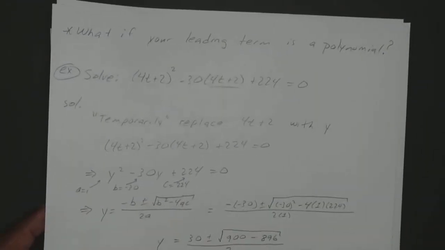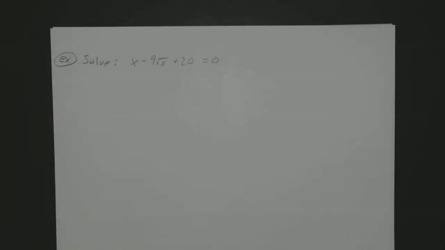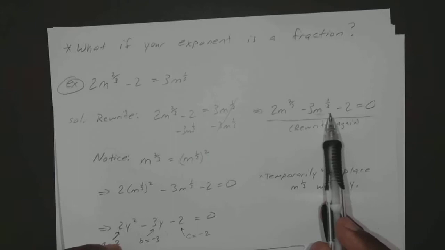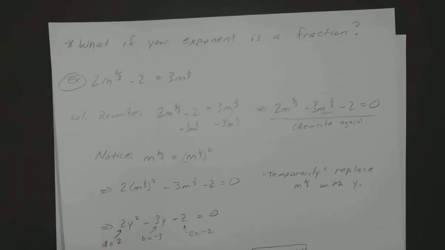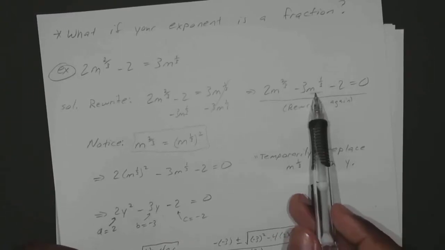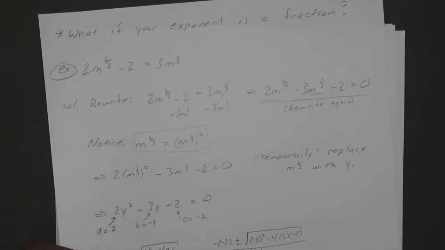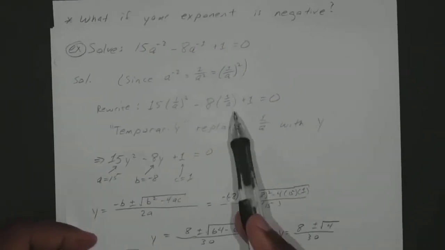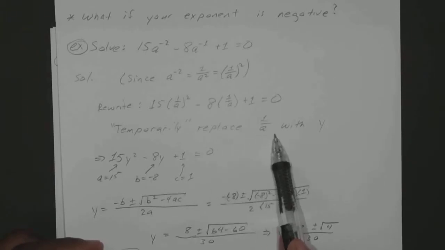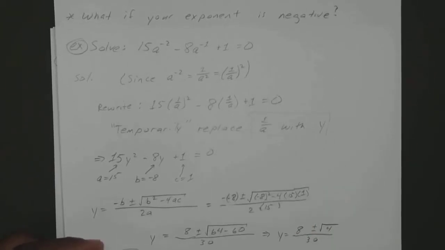So that's all you did, you replaced that with y. Remember, when you did that, you just made the middle term squared equal that. Same thing here, 1 over a, and this is just 1 over a squared. So that's what you replace your y with, whatever that middle term is.